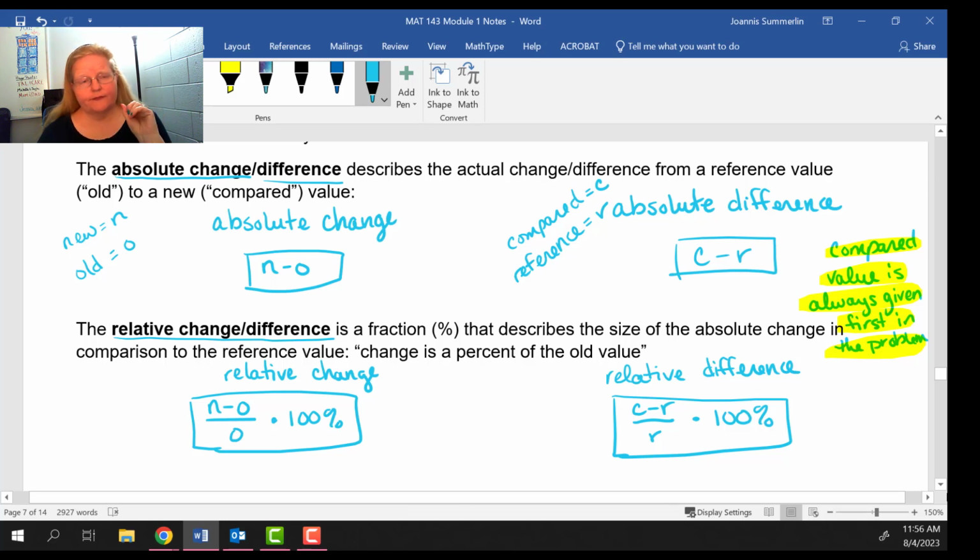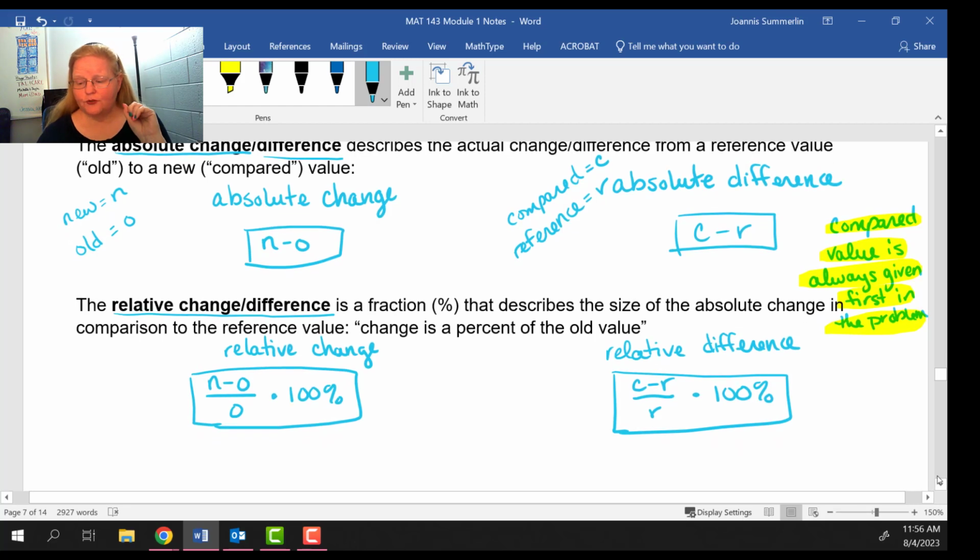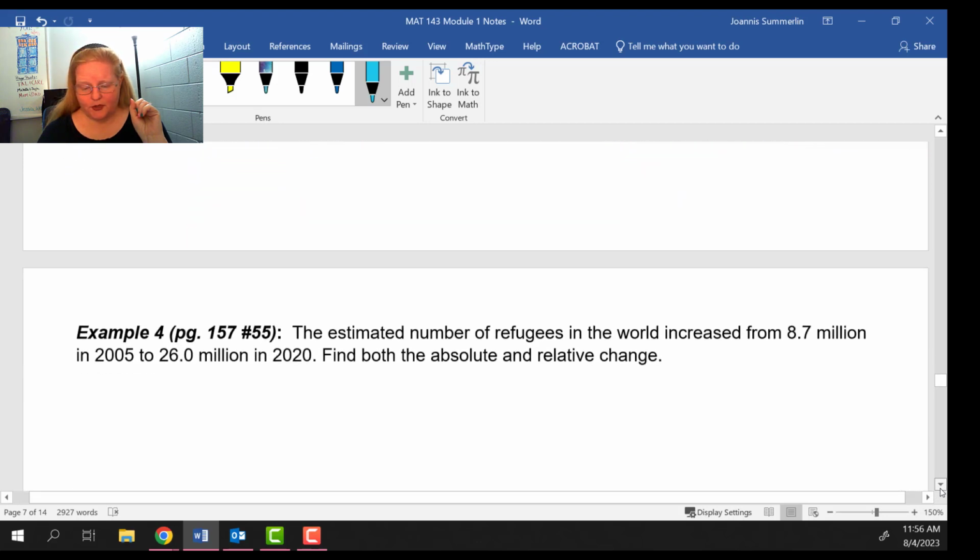These are on it. So you'll be able to see them. But you do need to know that about the compared value always being given first, because that's not on the formula sheet. You have to be able to use the formulas.